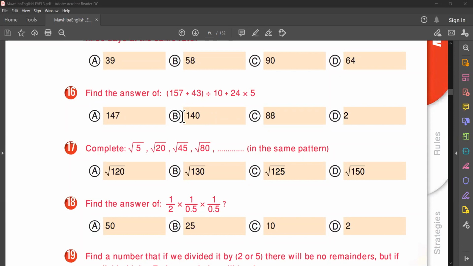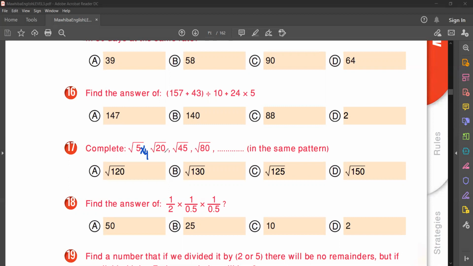In the same pattern, then we find the next number. What is it? Look here. When you multiply by 4, you get square root of 20, right?